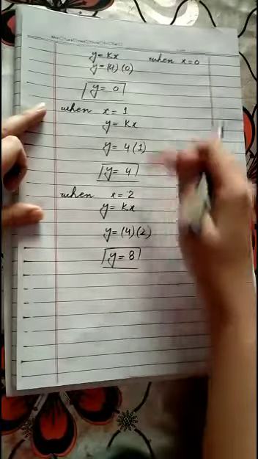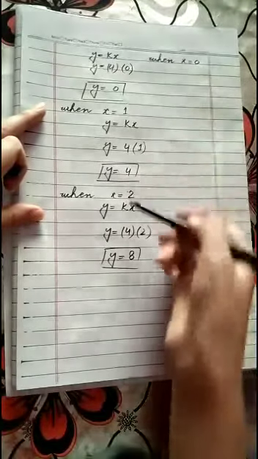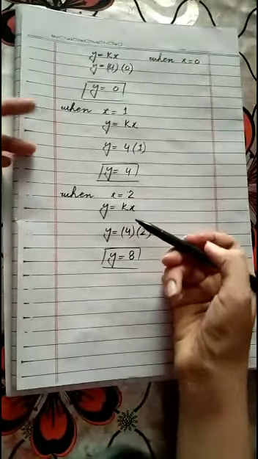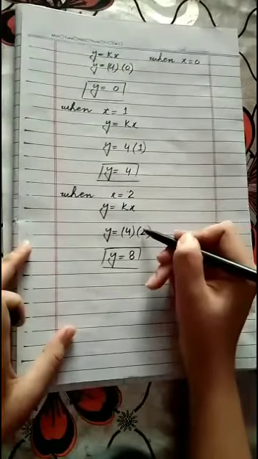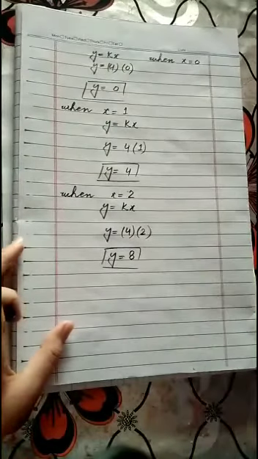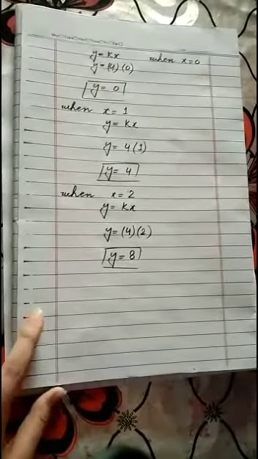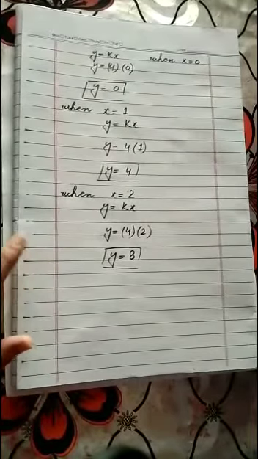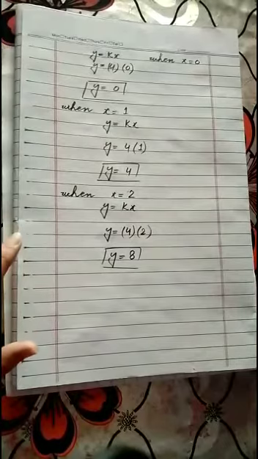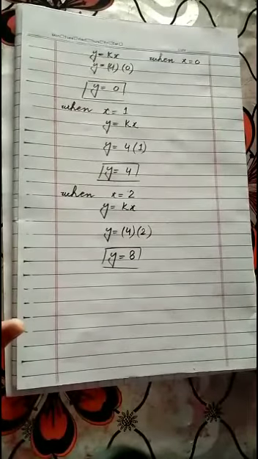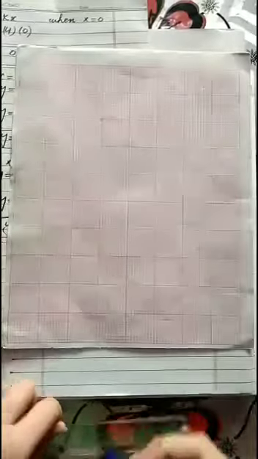We have found a few points by placing a few x values, and we found the y values to draw the graph of y against x. Let's draw the graph, students. We took the x values ourselves and found y by placing the x values. So we will draw the graph now.